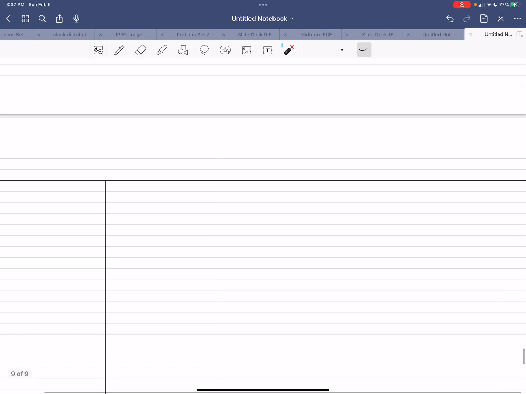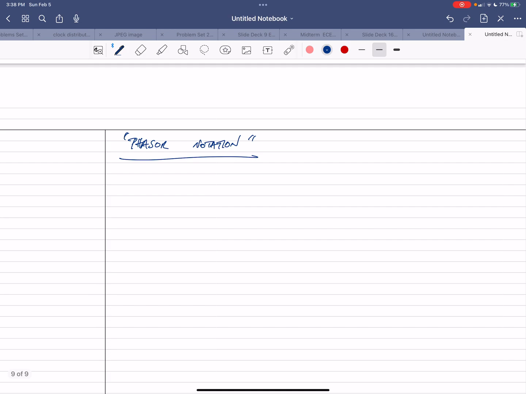So something that gets a little confusing, so pay some attention here, is something called phasor notation. You might have run into phasors before, and this is a notation that's used to make the math a little bit easier, because we only need to keep track of fewer things during the calculations, but it can get confusing.